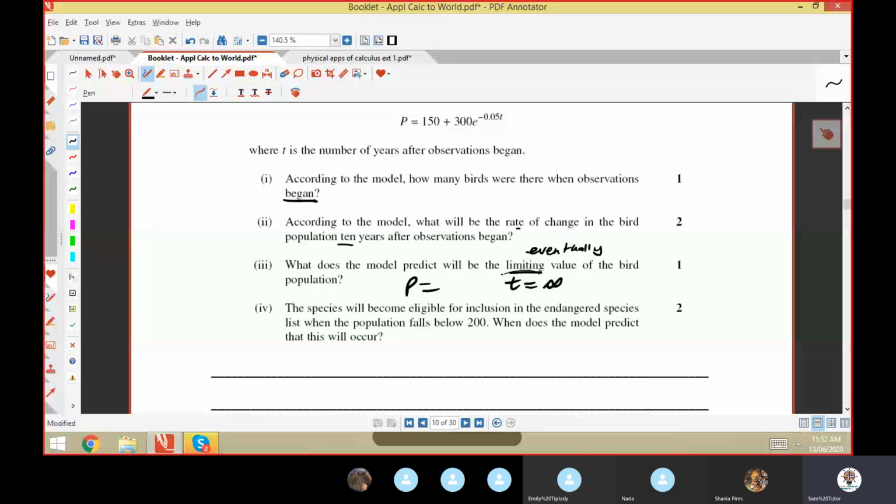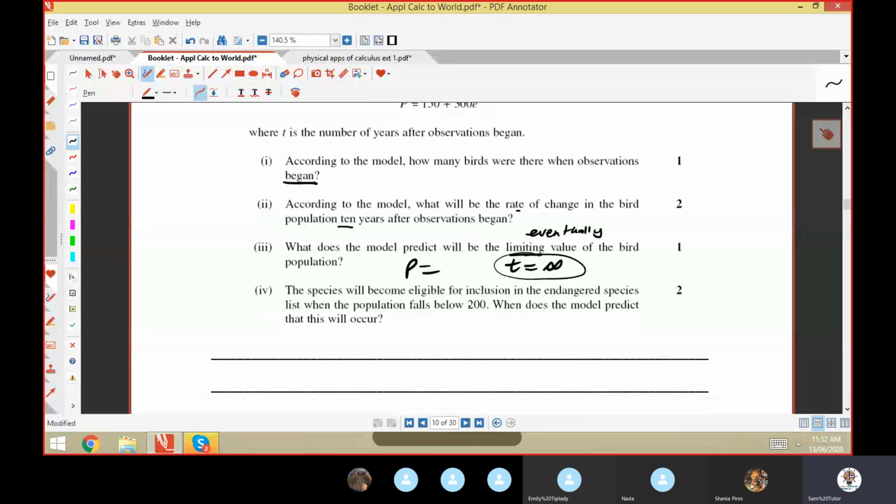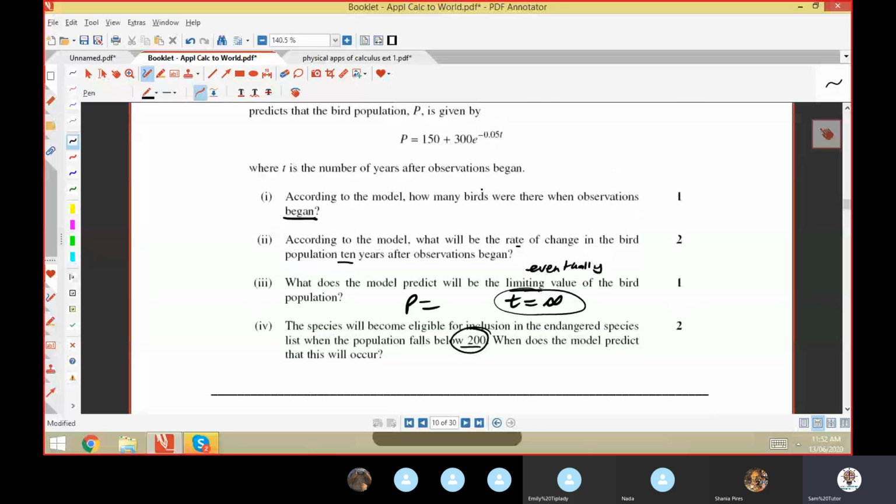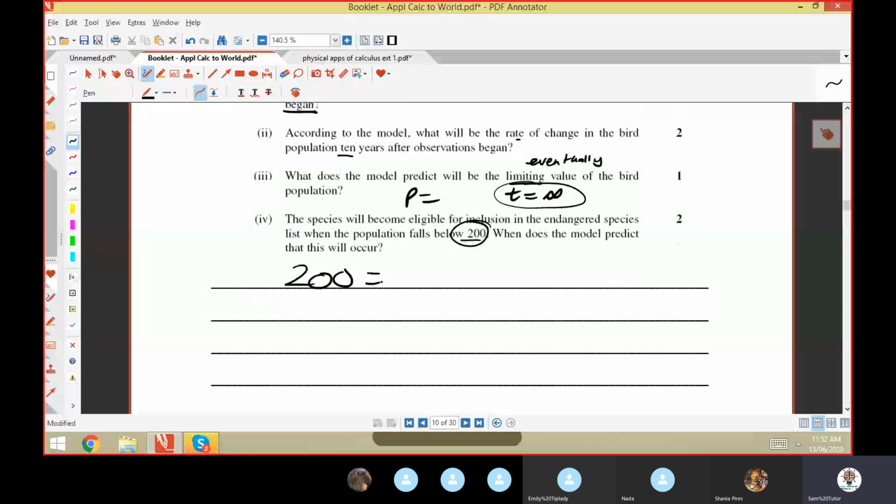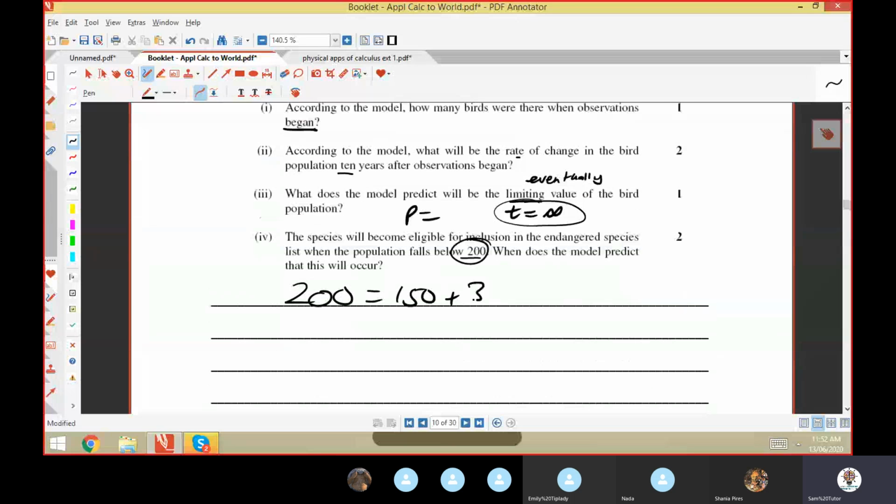And then the species will become eligible for inclusion in endangered species when it falls below 200. When does the model predict? It just says now P is 200, go and solve for time, which we might as well do. But these are really easy compared to those other rates of change. I just want to show you guys, these ones are a lot easier.